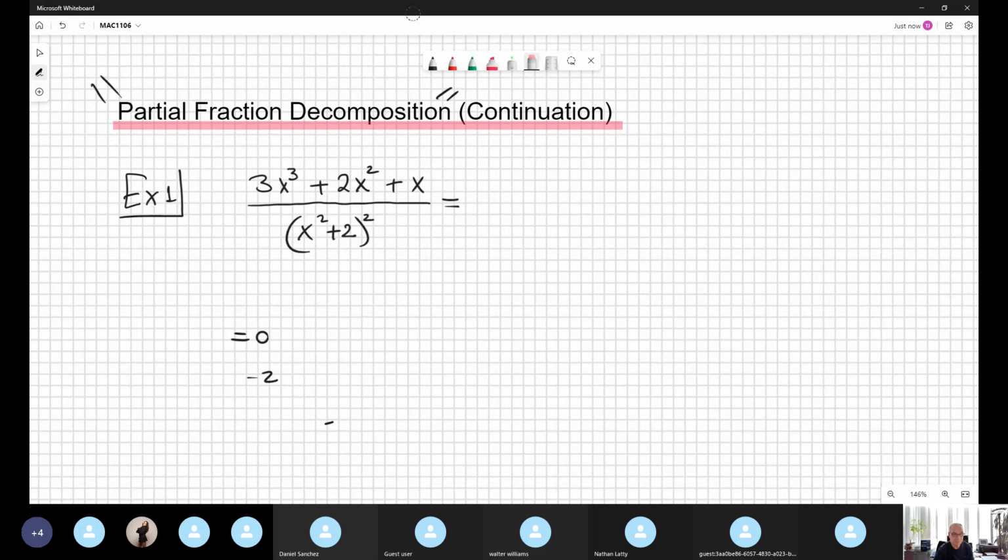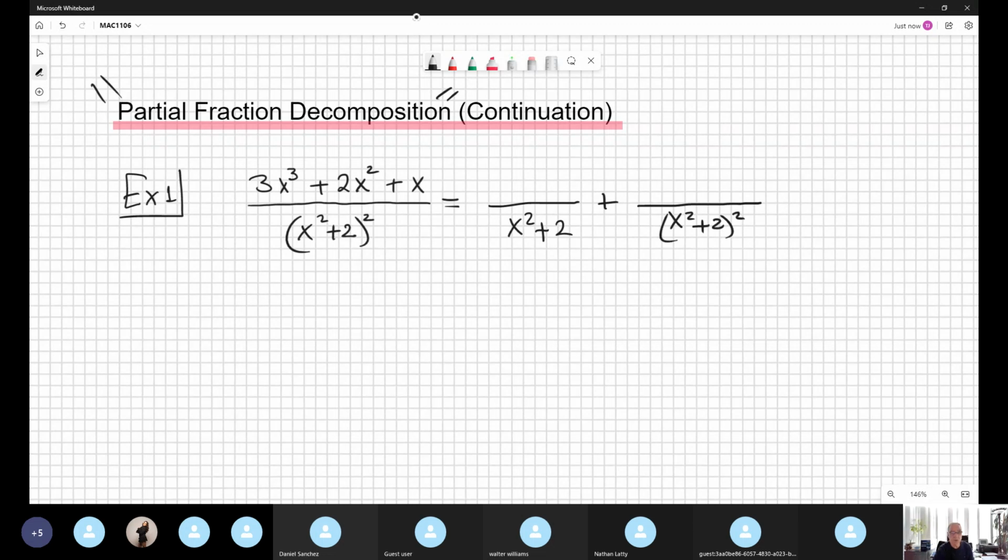Let's go. The typical format for the partial fraction decomposition in this case, I repeat again, is irreducible quadratic repeated because the exponent is 2. You copy x squared plus 2 and you copy x squared plus 2, squared.